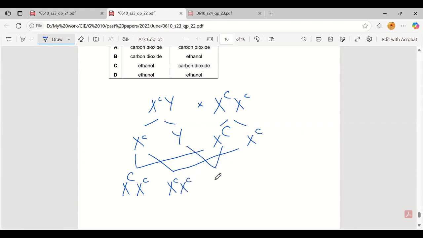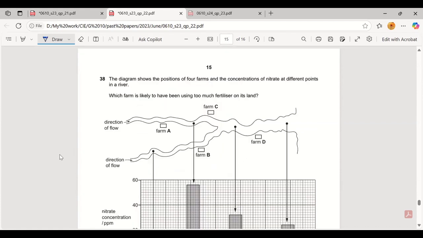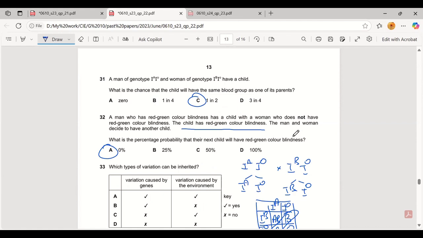This with this gives X^c Y, and this with this gives X Y, and here C. Now it asks, the man, and where is it, what is the percentage probability that their next child will have red-green color blindness?